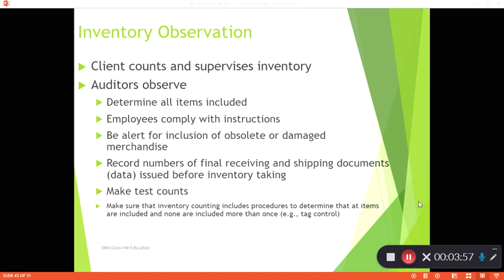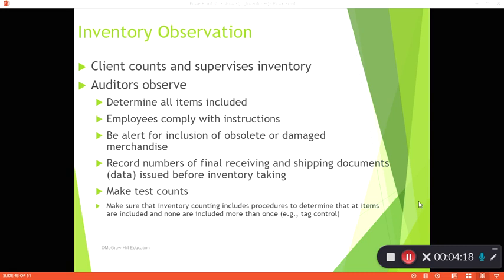One, we want to make sure that they include all the items. Think about a Lowe's: you're not just including the lighting department or the appliances, or skipping out on the lumber. We want to make sure they include all their items in the inventory count.